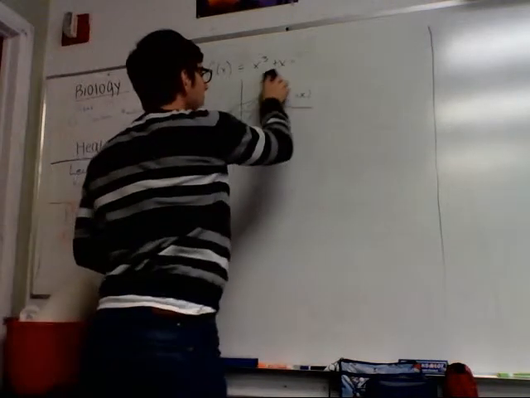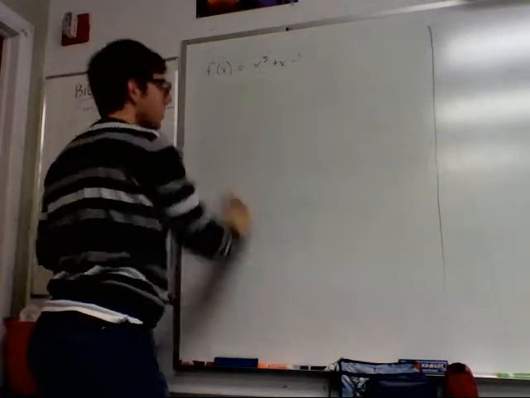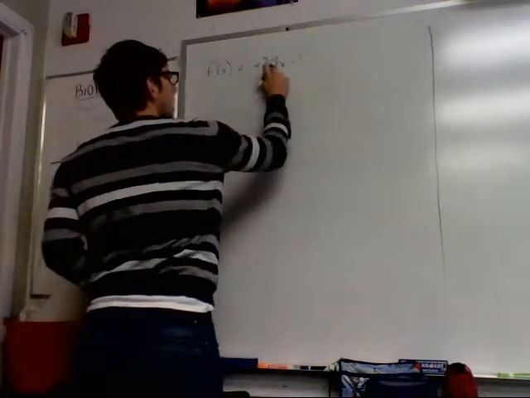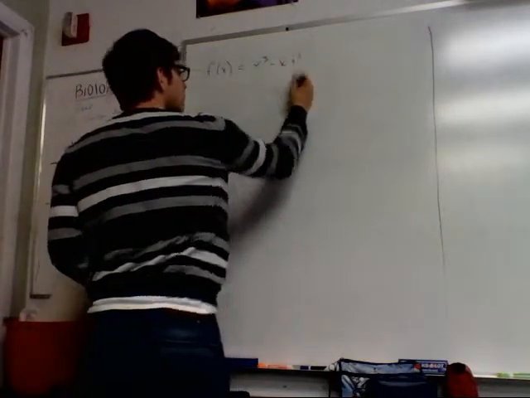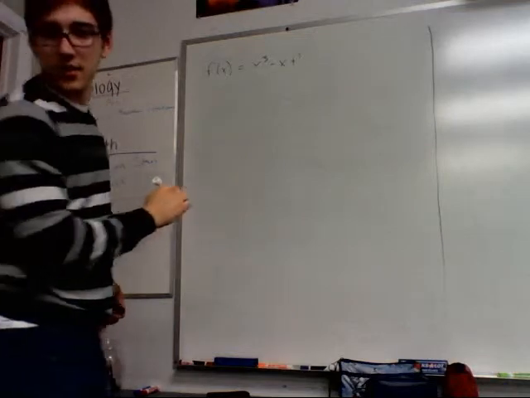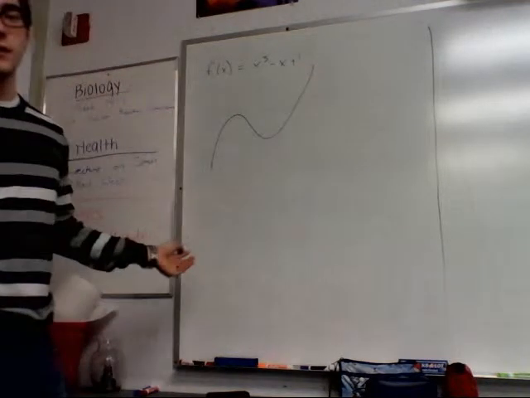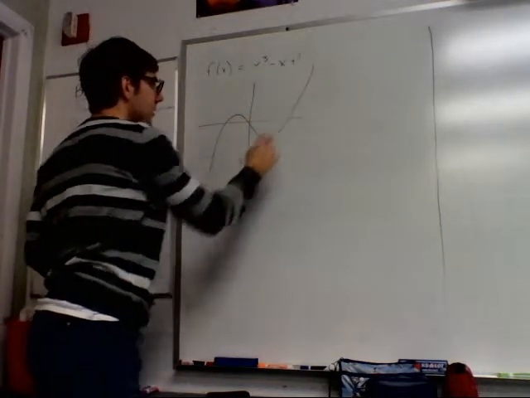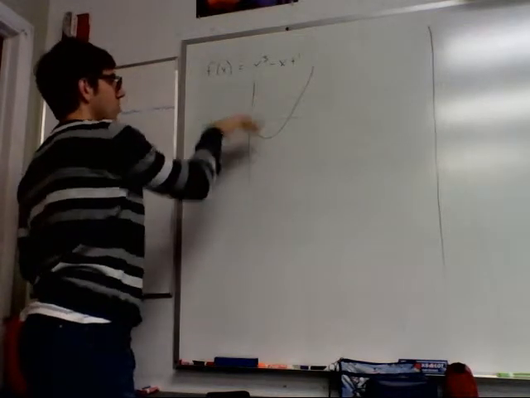If we draw differently, let me erase the whole thing. If we have another equation, x cubed minus x plus 1, that equation kind of looks like this. What's the problem here? Well, we draw the axes. We have multiple horizontal crossings, obviously more than one location.